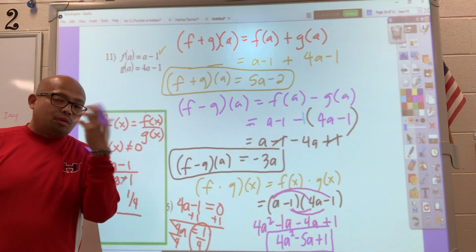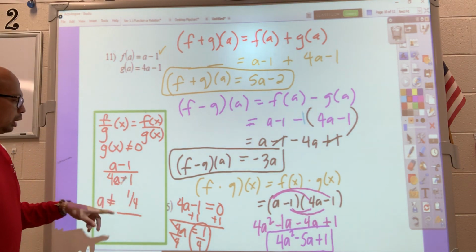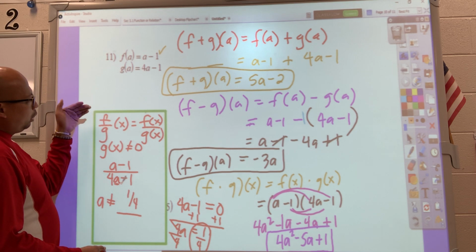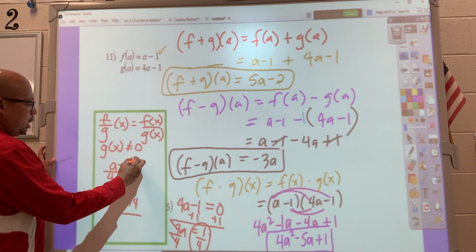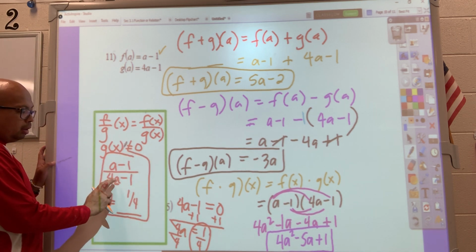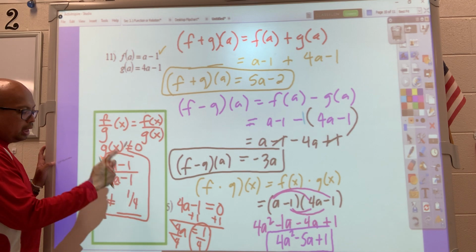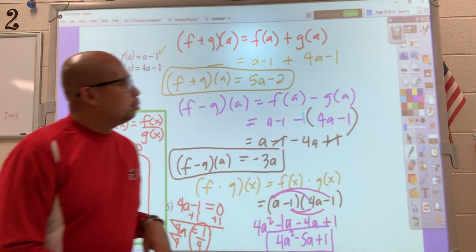If you have a 5/0, if the denominator is 0, the answer will be undefined, and you don't want that to happen. So the answer for f divided by g of x is a minus 1 all over 4a minus 1, where a is not equal to 1/4.